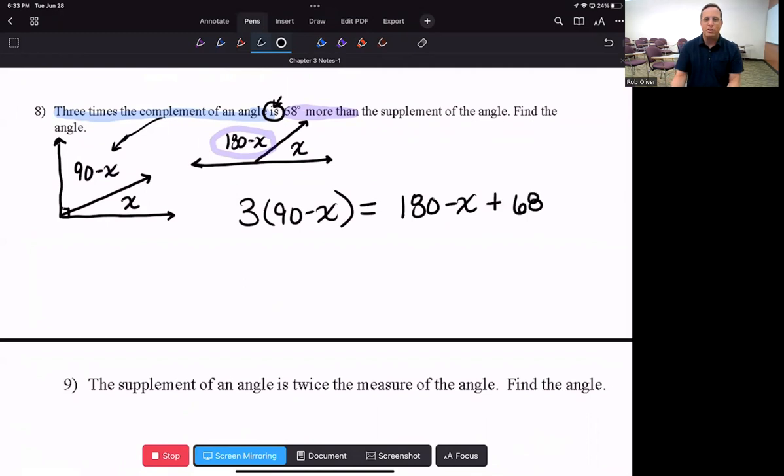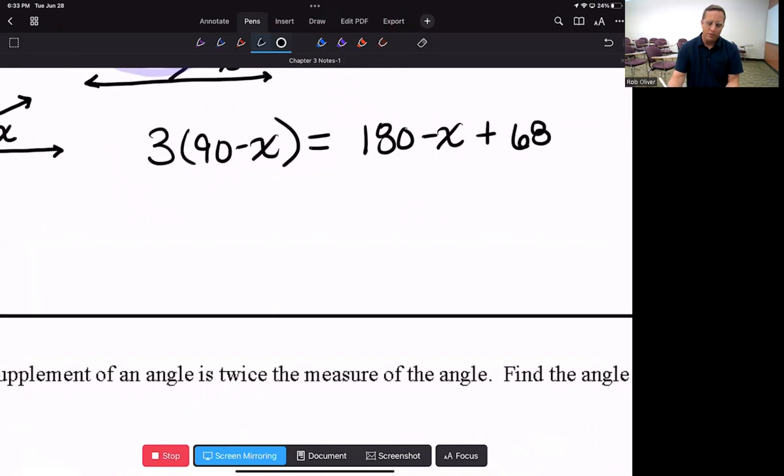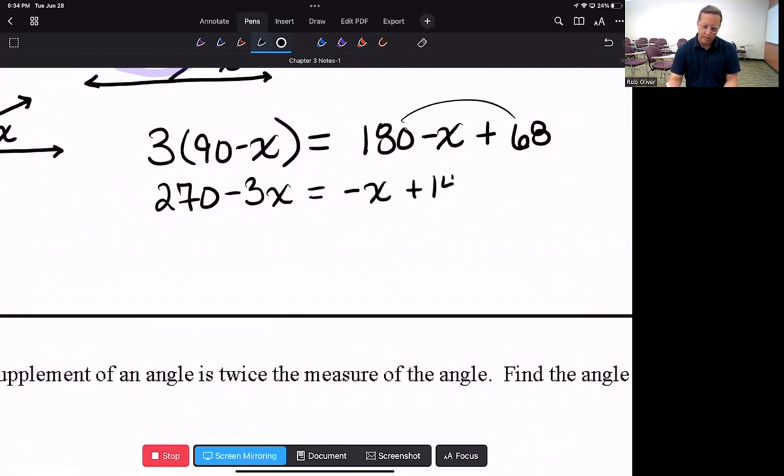Now, if you put that in parentheses or not, it doesn't make a difference, because we're just adding 68 to it, so nothing's being distributed into it. I'm going to clear parentheses here. And I'm just going to go ahead and put like terms together. 180 and 68 makes 248.